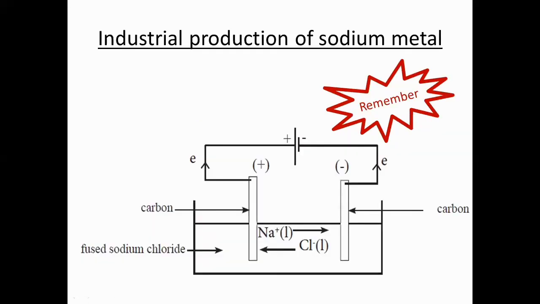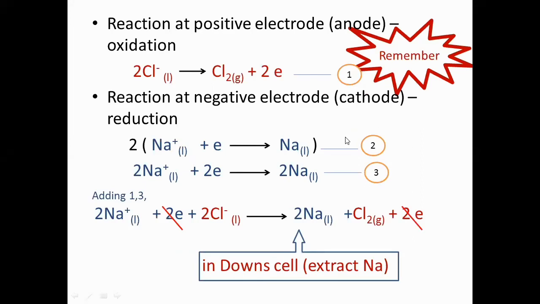Industrial production of sodium metal. Here, by electrolysis of fused sodium chloride, we can get the sodium atom or sodium metal. You can see here the reaction happening at the negative electrode.